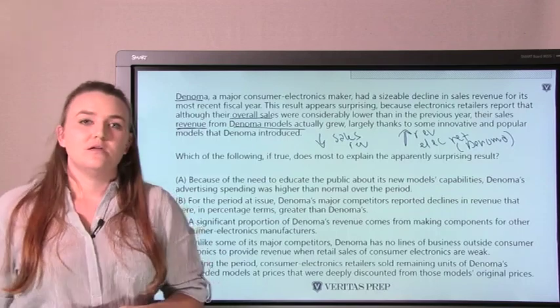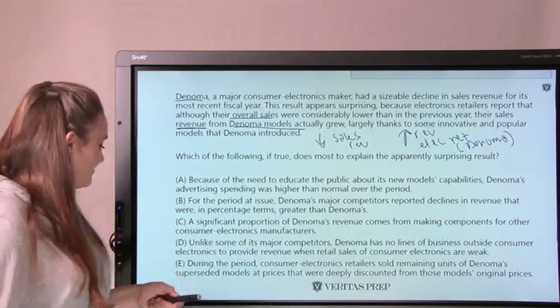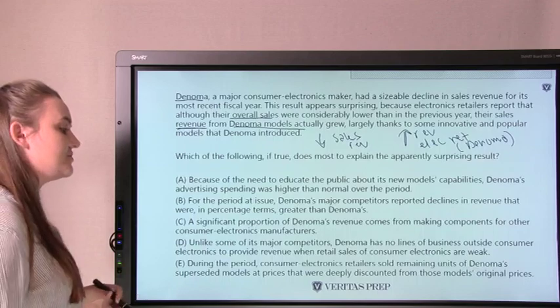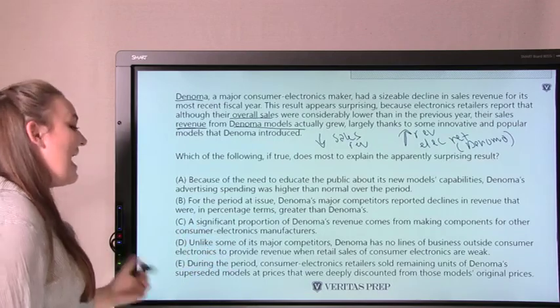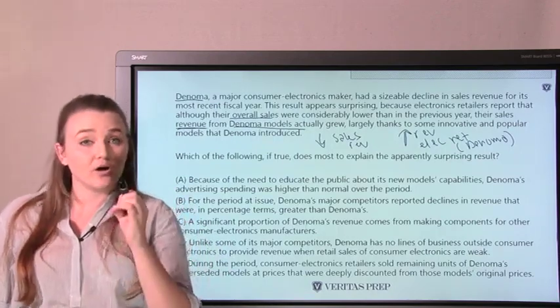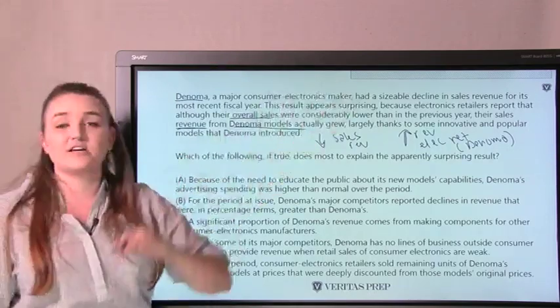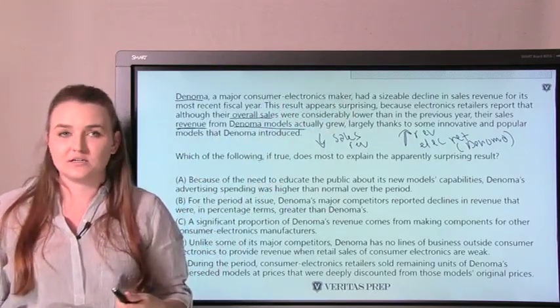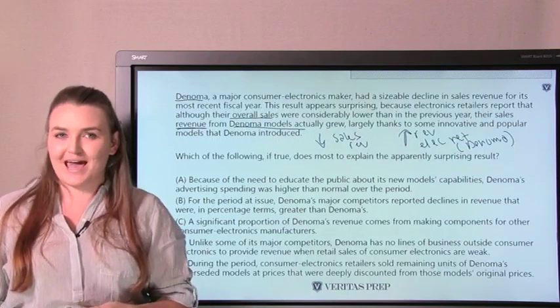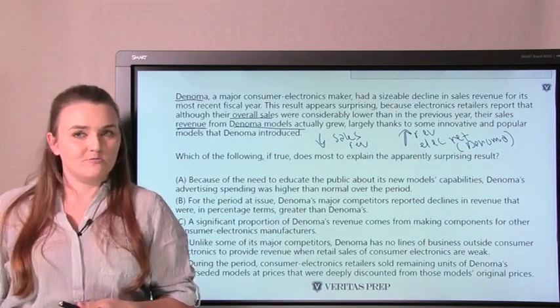So, circling back to Shrey's point, right? During the period, consumer electronics retailers sold remaining units at discounted prices. If we are already told that Genoma revenue at electronic retailers has increased, does this have the potential to bridge the gap? No, right?